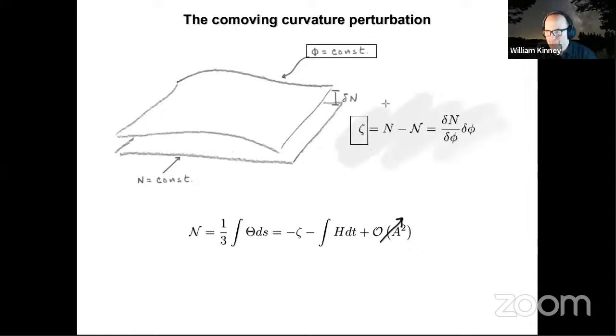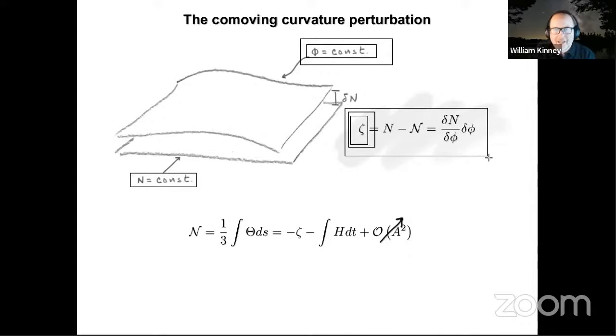If we foliate on flat hypersurfaces, zeta is by definition 0, and that's a perfectly good choice of gauge. So I can choose a gauge where phi is constant and zeta is non-zero, or I can choose a gauge where the curvature perturbation is 0 and the field fluctuates, right? And it's the difference between those two gauges, which it turns out in these calculations is perturbative, that allows us to calculate the curvature perturbation.